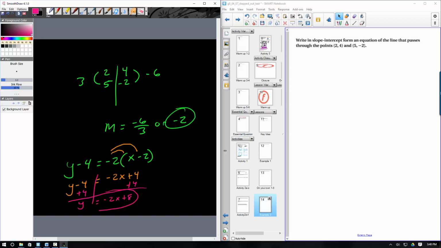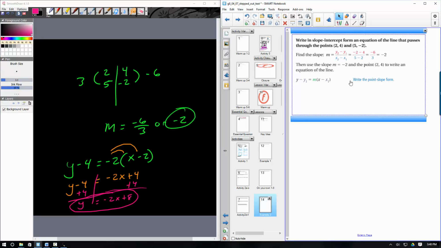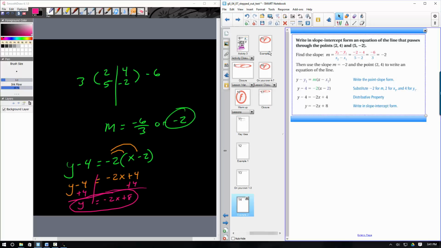And that is my actual answer, which is pretty cool because I've just figured out the whole formula based off of 2 points. All right, so let's look to see if that's accurate. And here it is. So make sure that you understand each step of what we're doing here. We'll just do one more example.